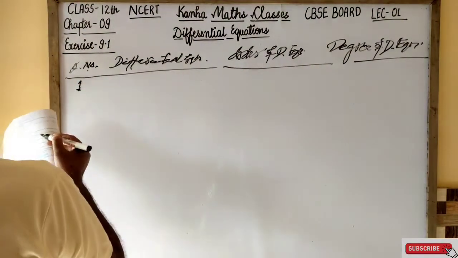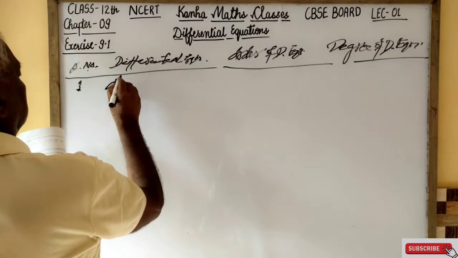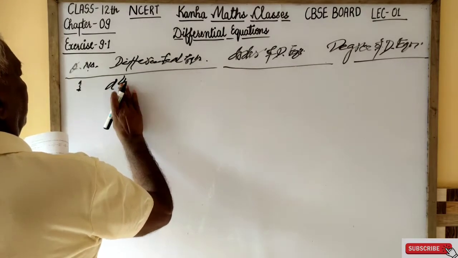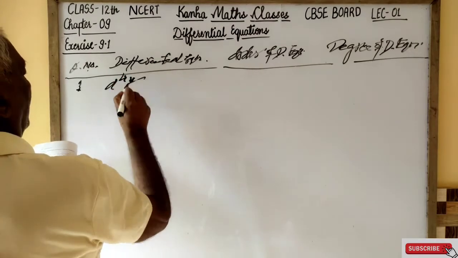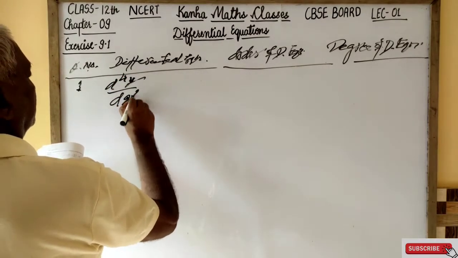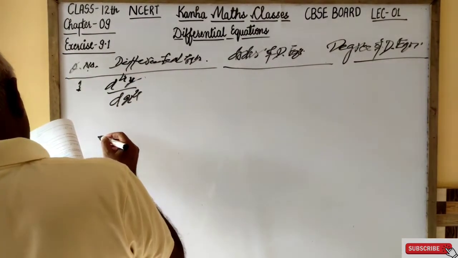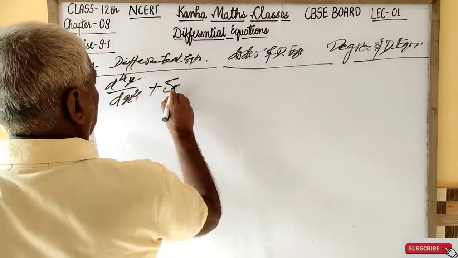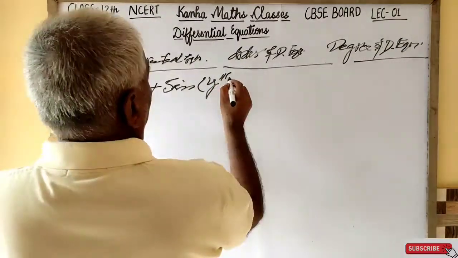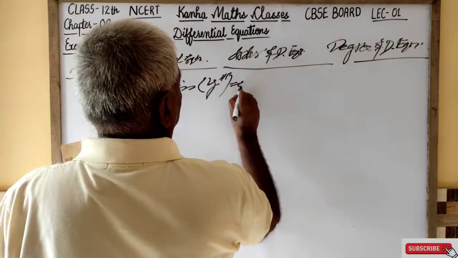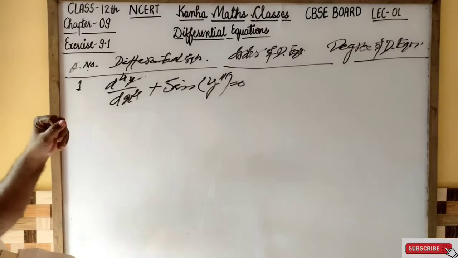Question number 1 under exercise 9.1 is d4y upon dx4 plus sin y triple dash is equal to 0.